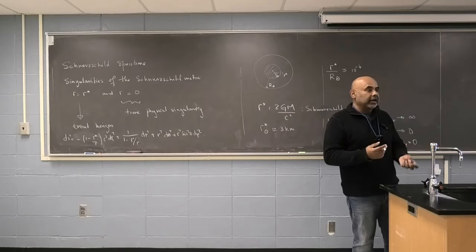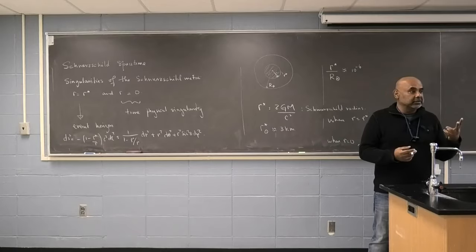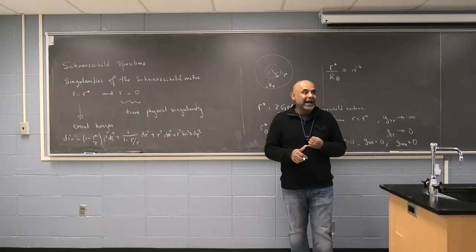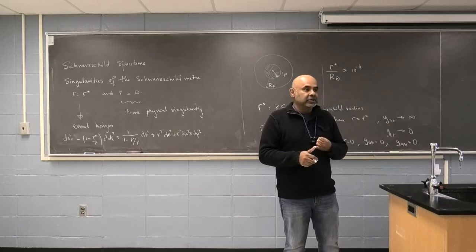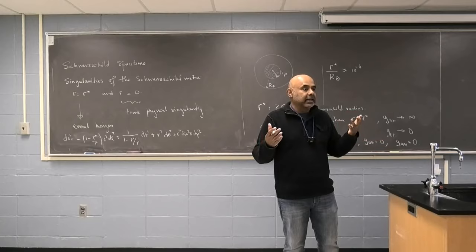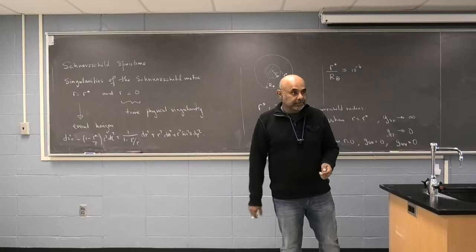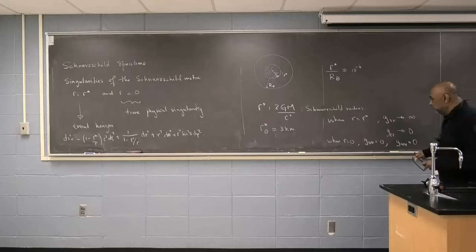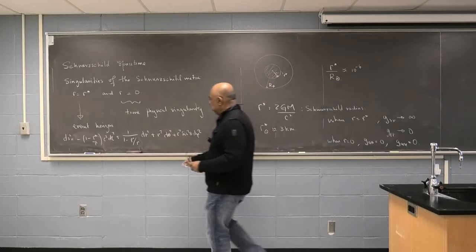So I want to analyze two types of geodesics. One is, of course, time-like geodesics, because this will be the path taken by objects that travel below the speed of light. And the other is null geodesics. This will be the path taken by light in the space-time. So let's begin our analysis of time-like geodesics.